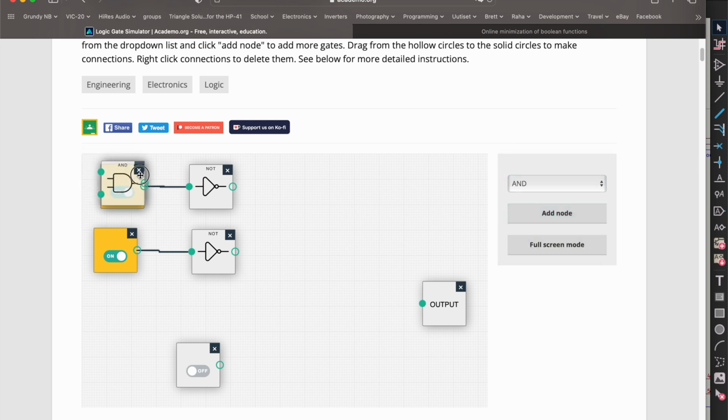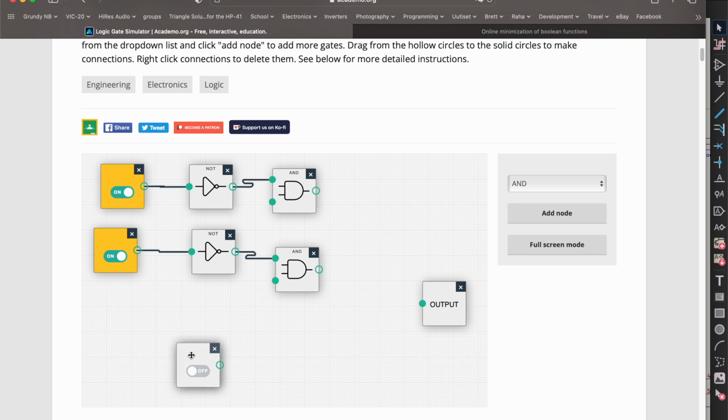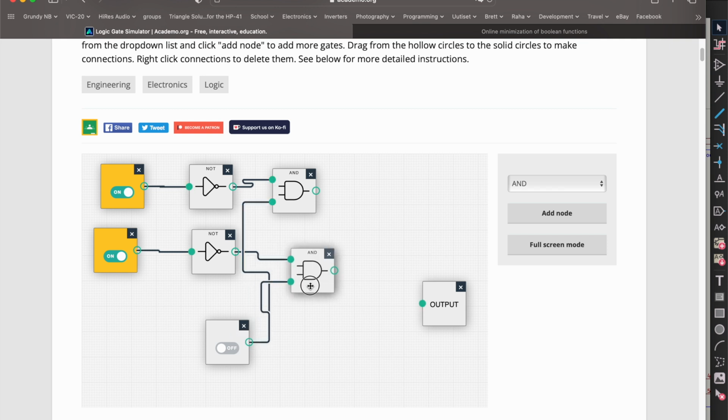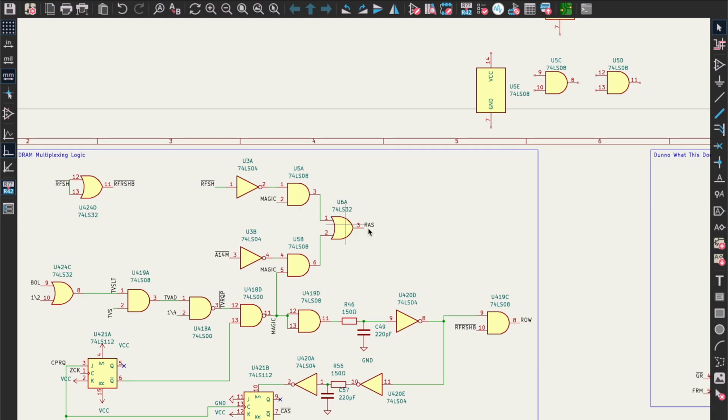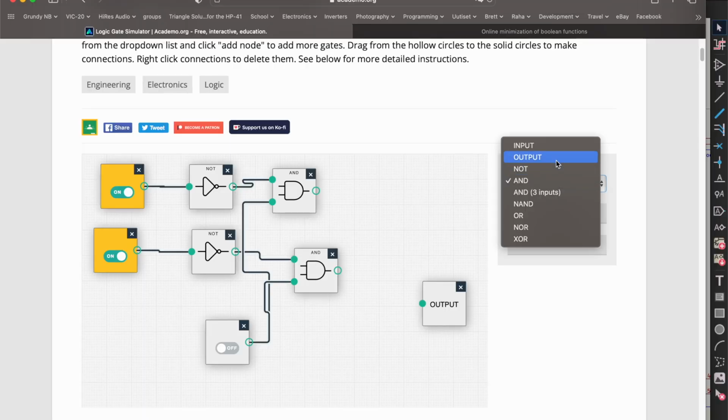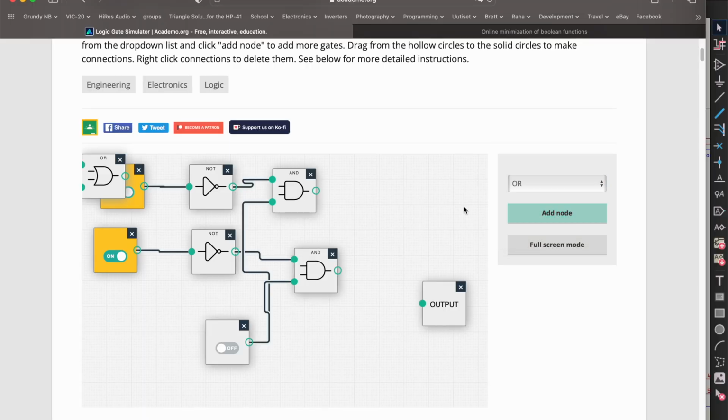Now this could be completely wrong, I'm just doing this off the top of my head now, and add another AND gate. There. And then from this magic, we've got up to there, up to there. And then we go through an OR gate. There to there, there to there.